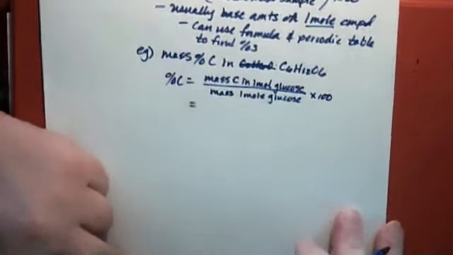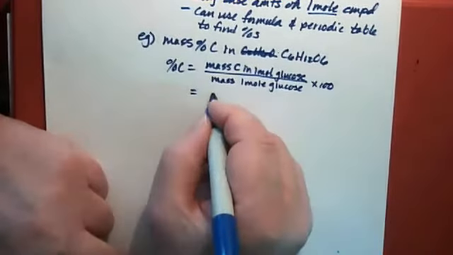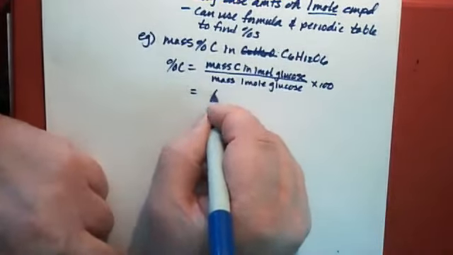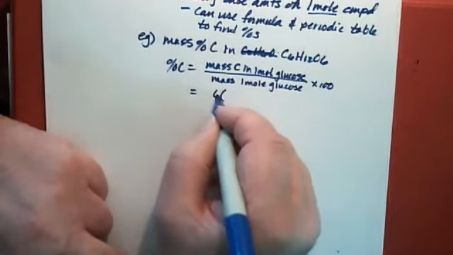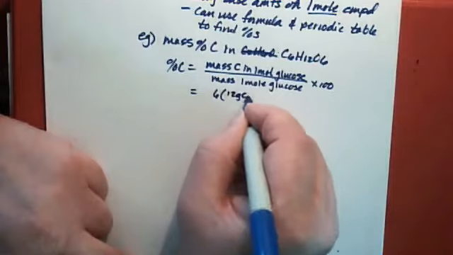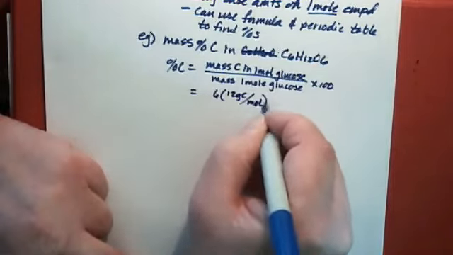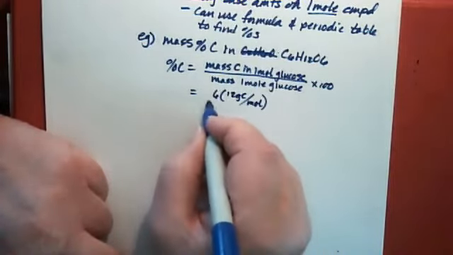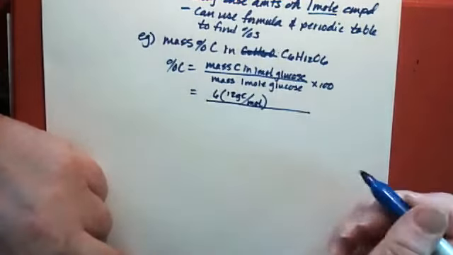The mass of carbon in 1 mole of glucose would be 6 times the atomic mass of carbon.